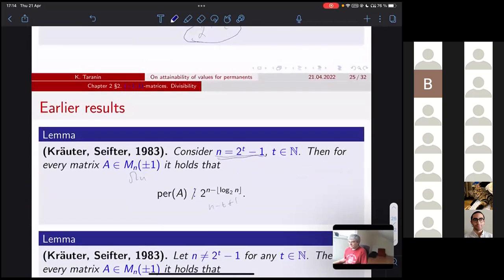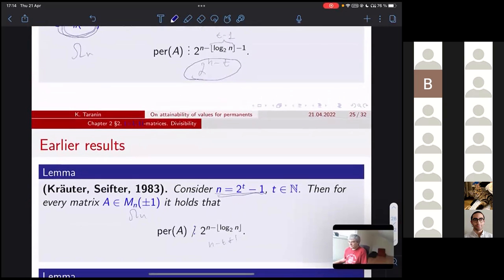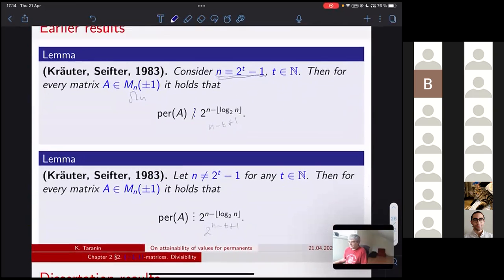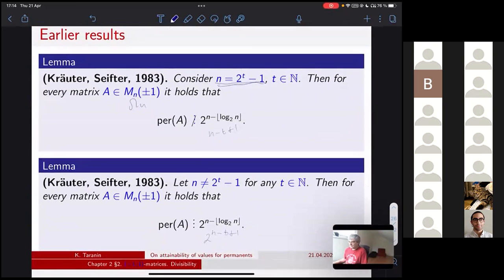They also showed that for all such matrices, their permanents are not divisible by 2 to the power n-t+1. And for all other n, of other form, permanents of all matrices from Omega n are divisible by 2 to the power n-t+1.